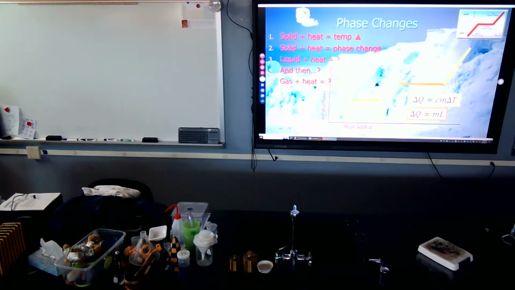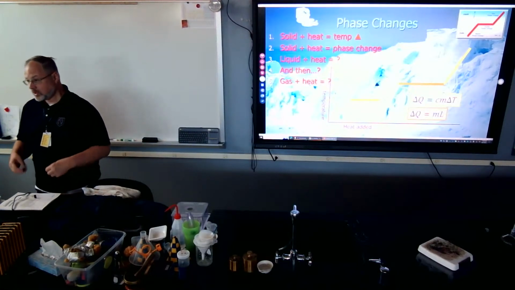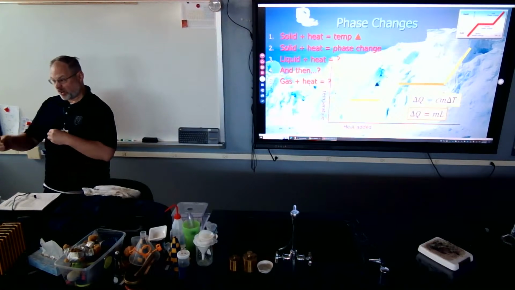Is that when you freeze your water bottle for like 2 hours and then you hit it and it just freezes? Exactly right. So some materials, water included, can become supercooled, where they should undergo a change, but they need something to get it started.